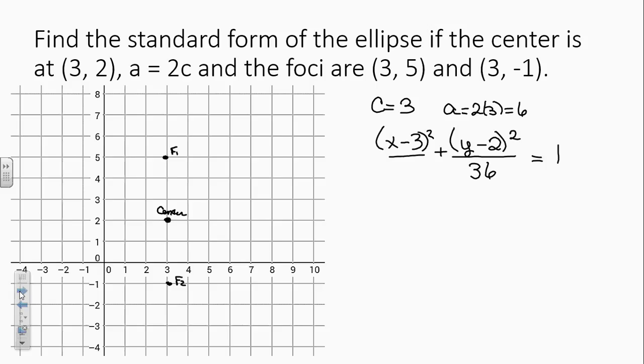How do we find B? So 3 squared equals A squared minus B squared. So 9 is 36 minus B squared. What will B squared be? 27. Okay, so B squared is 27.